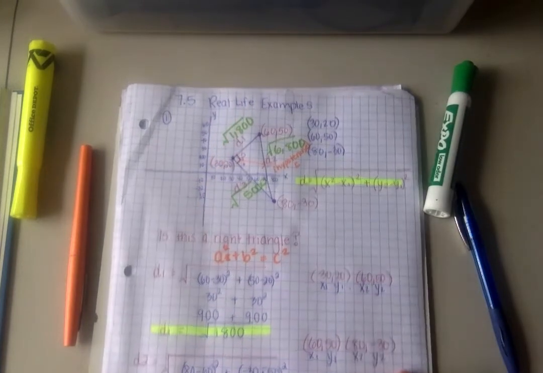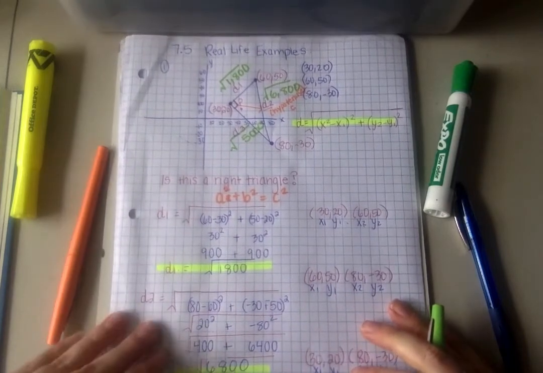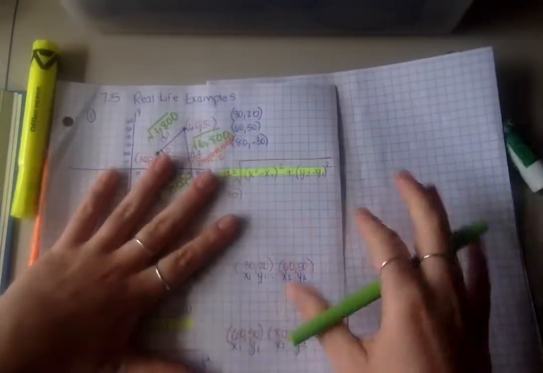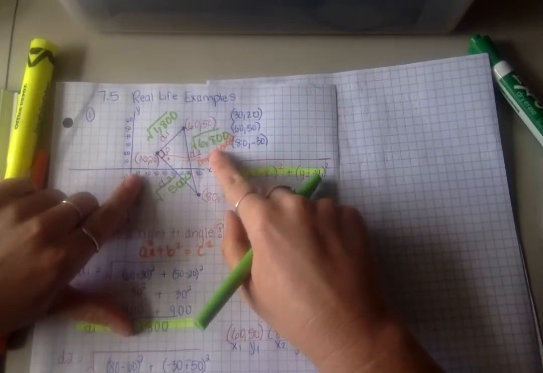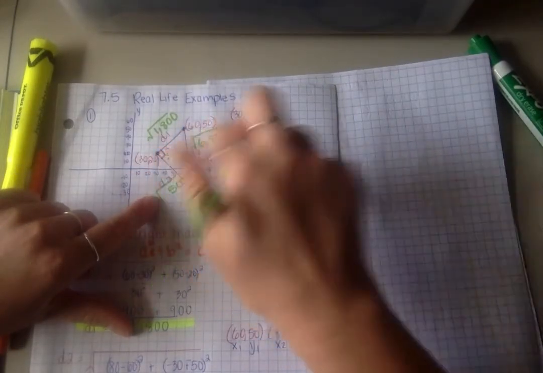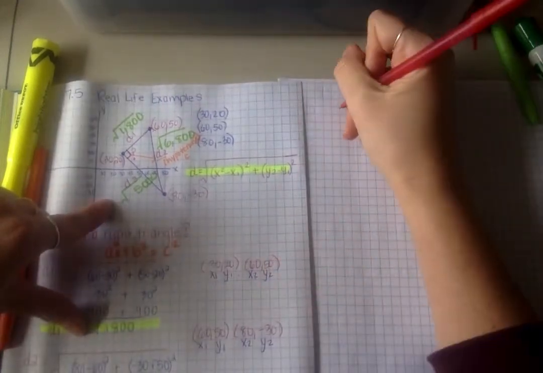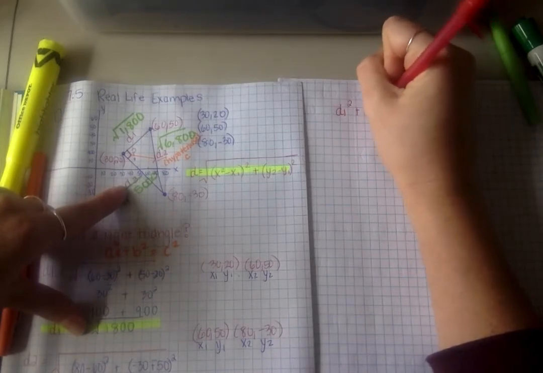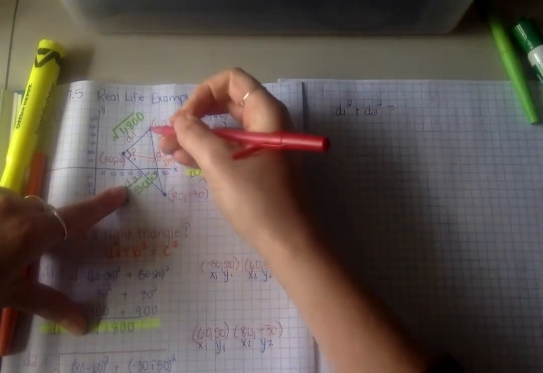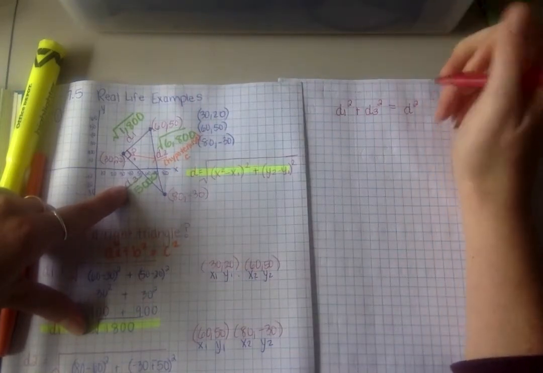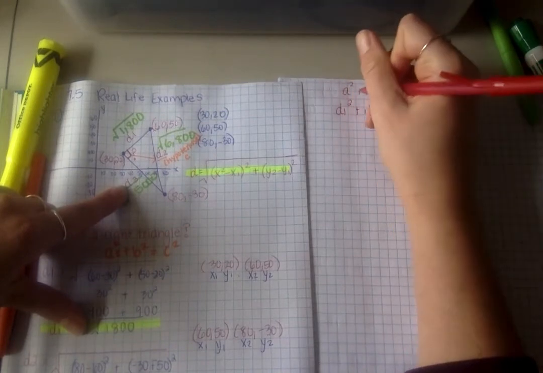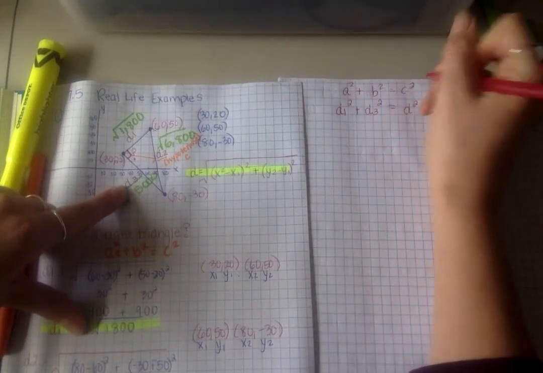And so now I can plug in and find out, is this a right triangle? I know it's a lot of work, so I'm going to use a separate sheet of paper to show this. So, is this a right triangle? Since I know that this is my hypotenuse, I can say d1 squared plus d3 squared is going to be equal to d2 squared. This represents a squared plus b squared equals c squared, where this is c.